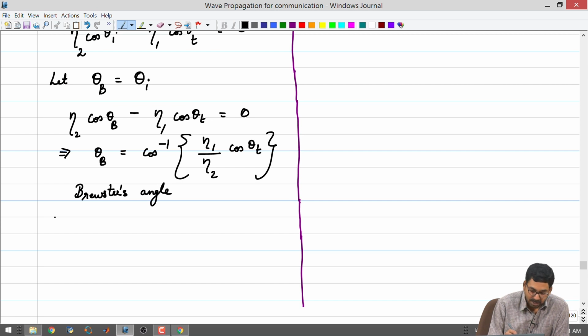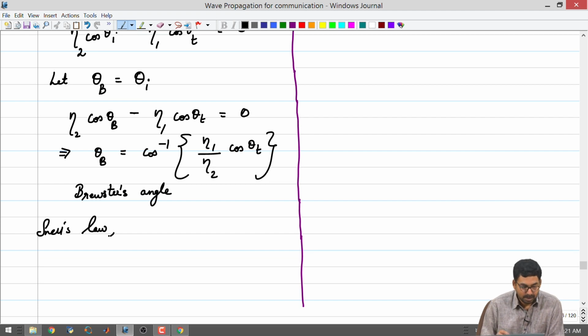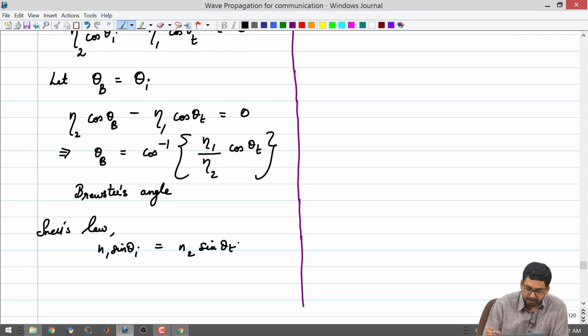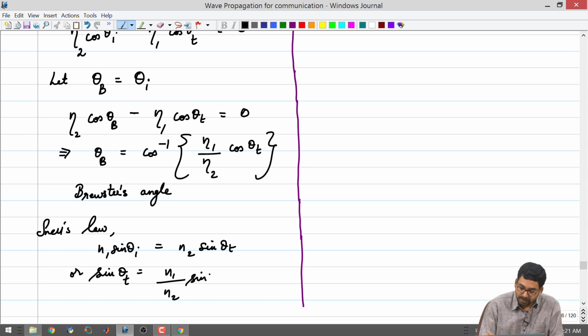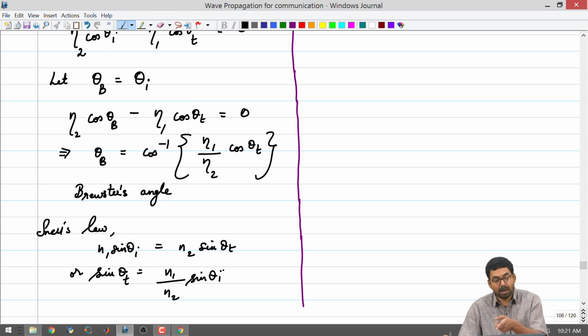Snell's law. You can say that n1 sin theta I is equal to n2 sin theta t, or sin theta t is equal to n1 by n2 sin theta I, but I have cos theta t.